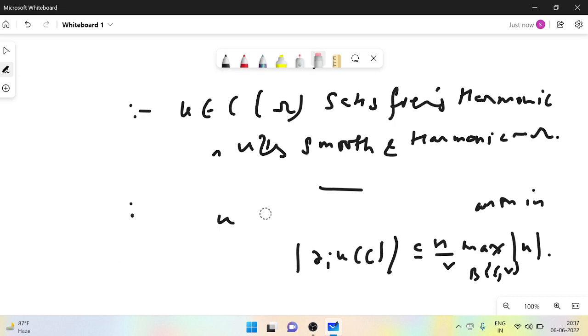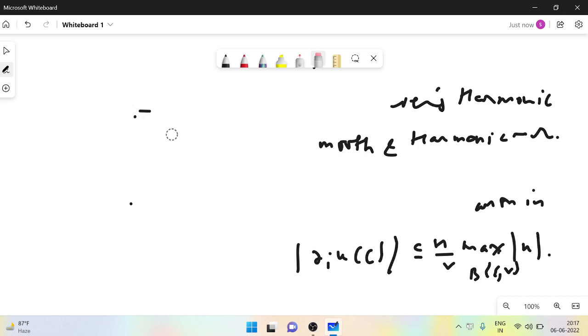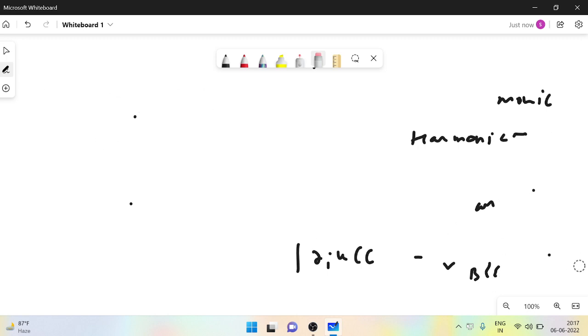So basically your harmonic function is smooth and all the derivatives don't blow up. It's a good function.